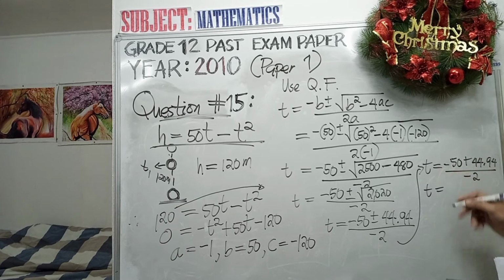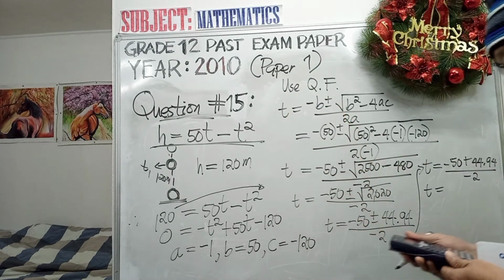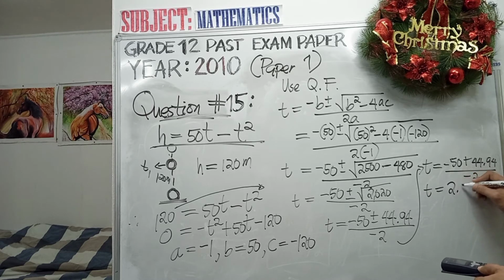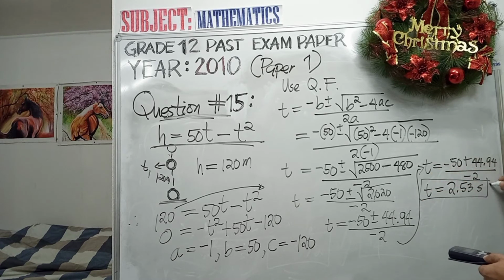So the first t, use your calculator here: negative 50 plus 44.94 equals, divided by negative 2, and the answer is 2.53 seconds. That's the first one.